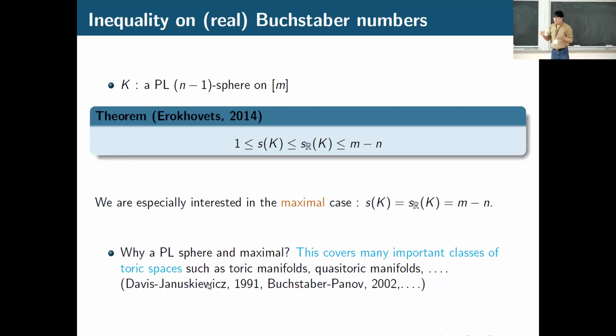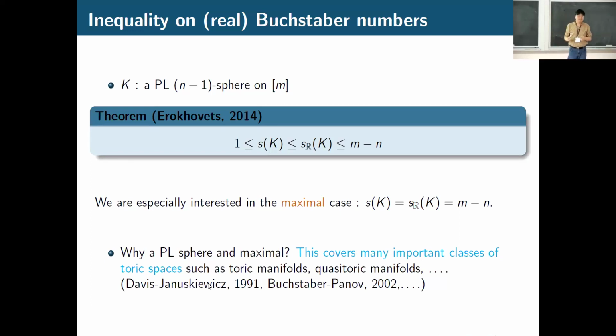Then we know there is a relation between the moment-angle complex and the real moment-angle complex: the Buchstaber number is less than or equal to the real Buchstaber number, and both cannot be bigger than m minus n. In particular, we are interested in the maximal case, where both the Buchstaber number and the real Buchstaber number are m minus n.